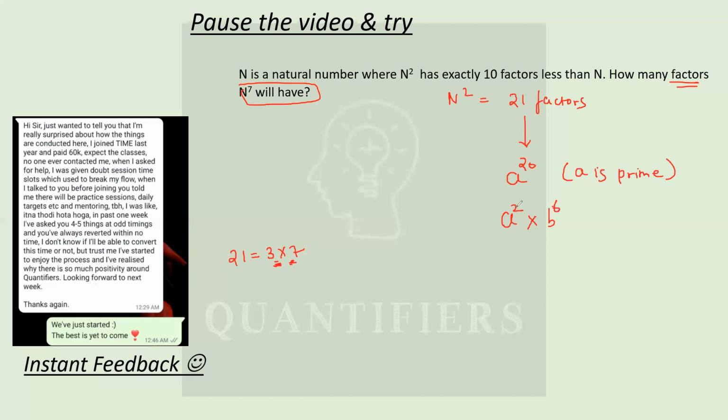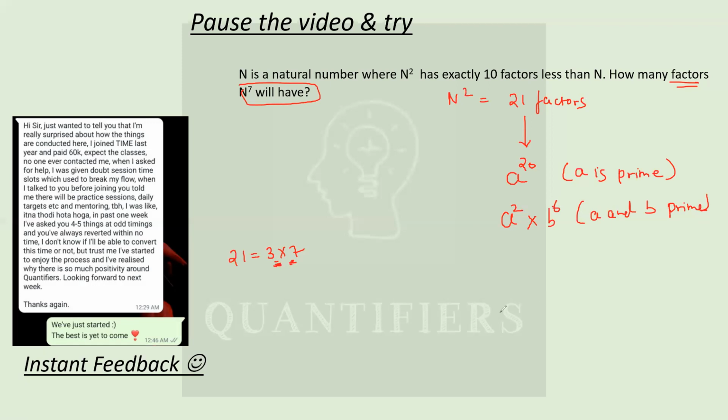Then only we will get 3 into 7, which will give us 21 factors. And very, very important point, A and B are prime. Okay, then only we will get 21 factors. A and B are prime. There is no other way to get 21 factors, students.